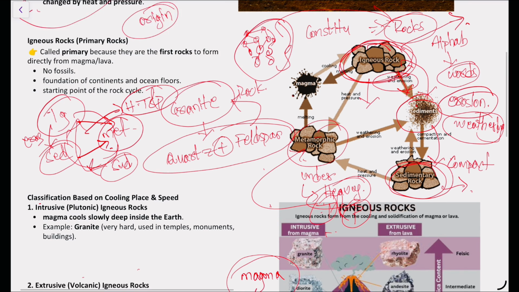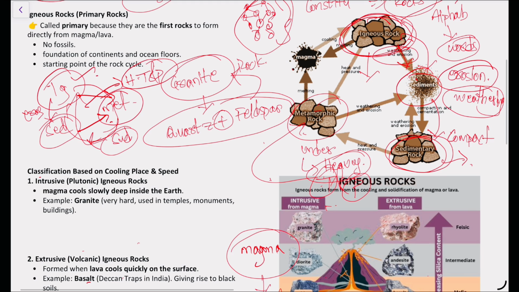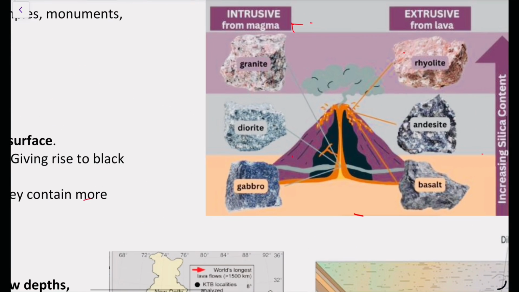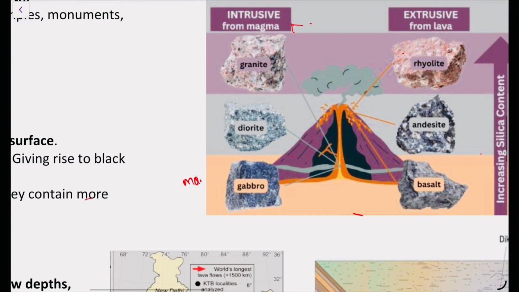So specifically in this video, we will explain what is an igneous rock. What are igneous rocks? Suppose this is the mantle region and this is the crust region, right?